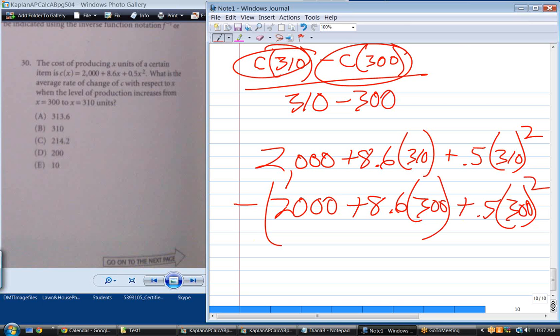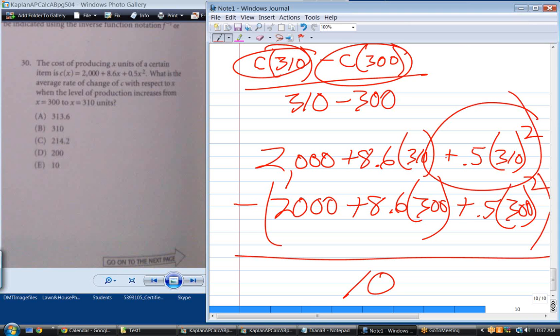And I'm going to divide. Notice I put parentheses around it. Because if I don't, I'm going to lose my signs. And I'm going to divide all of that by 10. And that's going to be my answer. And this is another place where this problem would have to be on the calculator portion. Because otherwise we're going to have difficulty evaluating these numbers without our calculator.